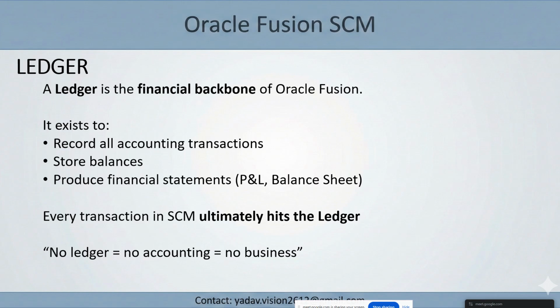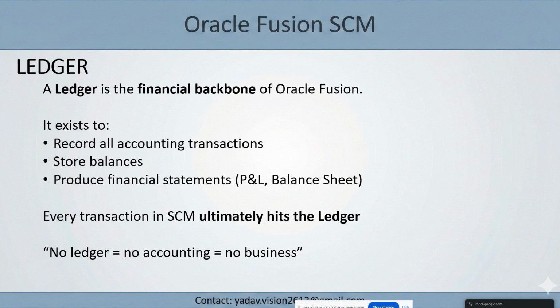So whatever financial transactions you are performing, there is one simple rule. If you perform any transactions, whether in account payables or receivables, by the end of the day it is going to be received by the ledger.